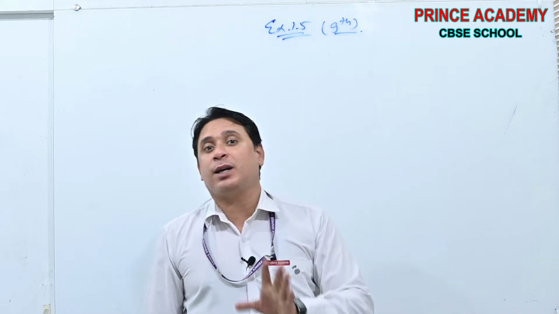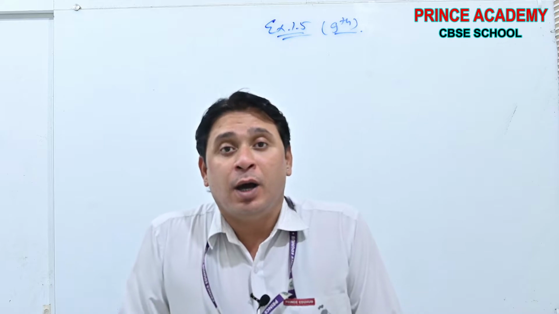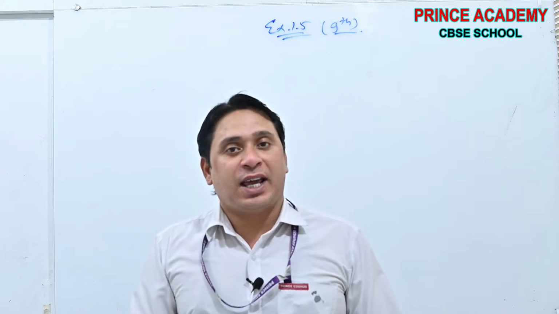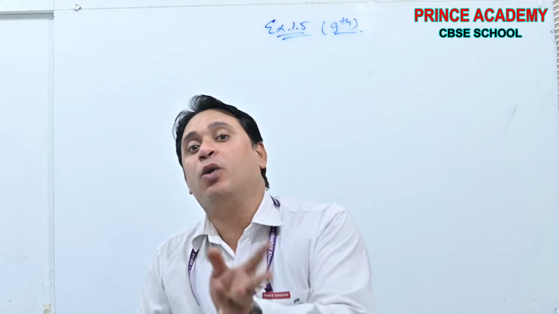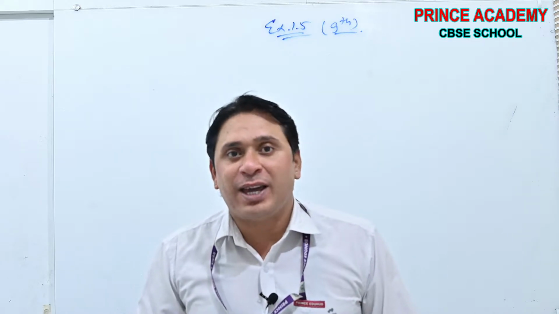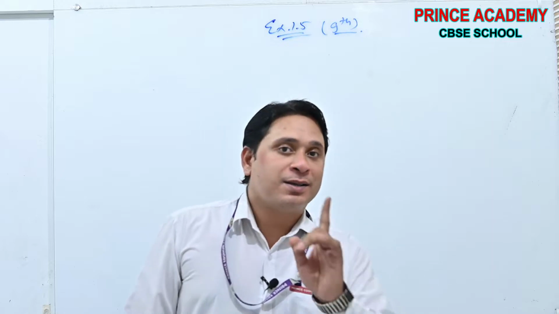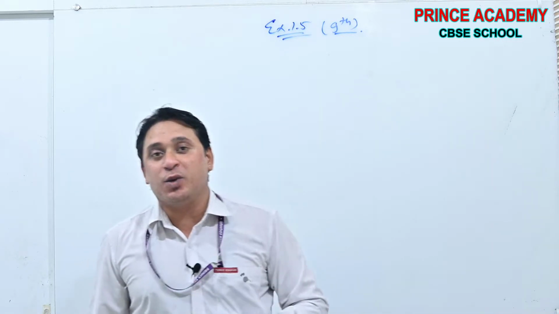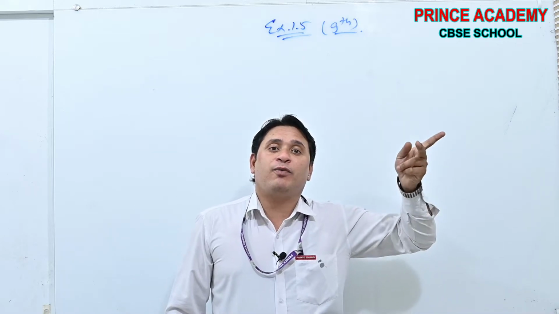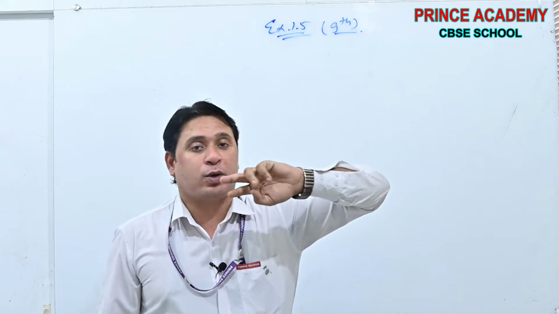See beta, what was the question? Their question was, what is the sum of irrational and irrational? Is that rational or irrational, and justify your answer with examples. See beta, right now I am going to give you an example that will explain what can be the sum of two irrational numbers.